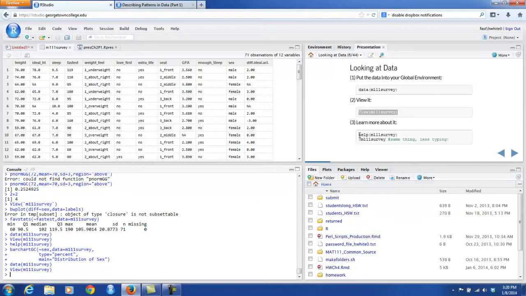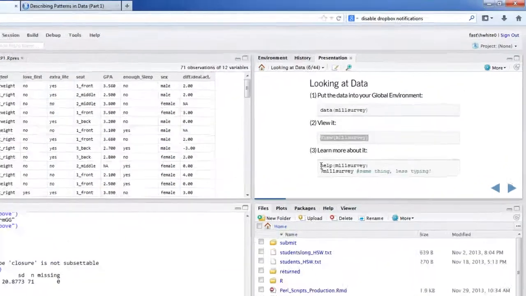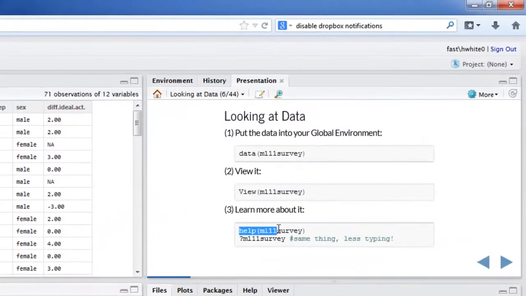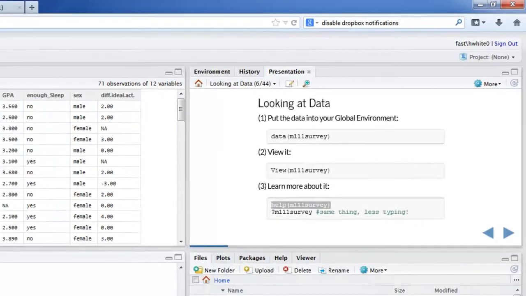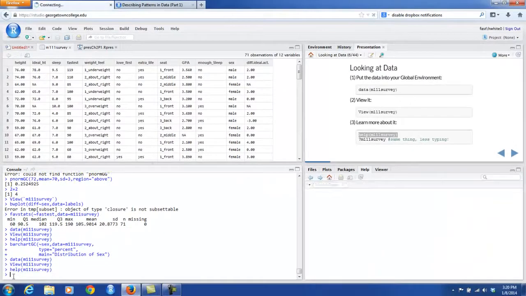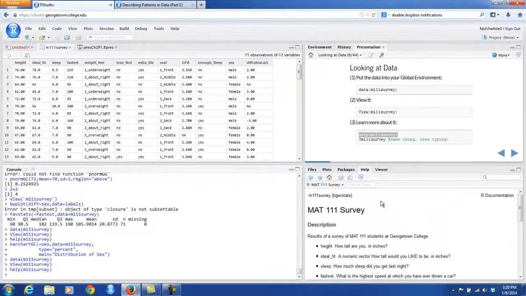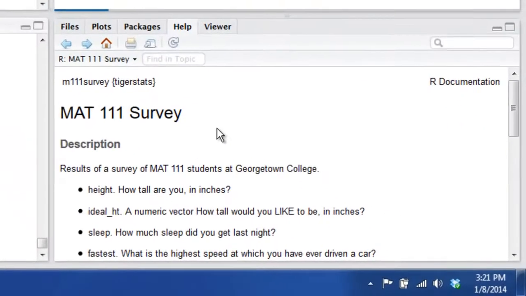You always want to read your data in context, learn as much about it and how it was collected, who collected it, and why as you possibly can. So for that, you might want to ask for help. So if we do so, then in the lower right-hand tab under Help, we get a look at the documentation for this data set in the TigerStats package.